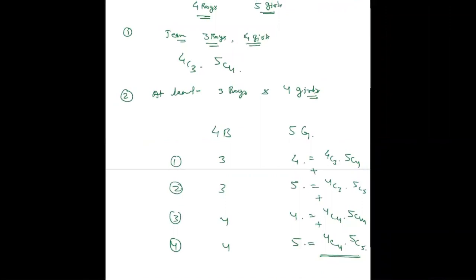Second, the case when we have to select at least, with the condition that we have to start with the minimum and go to the maximum one. Very simple, right?